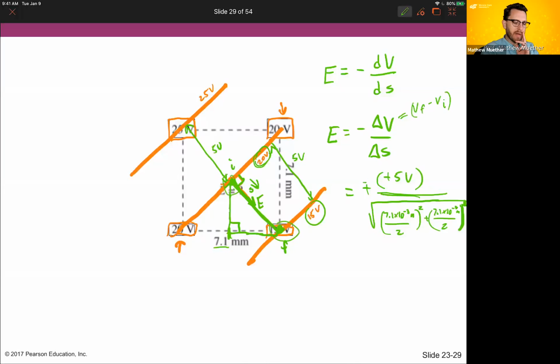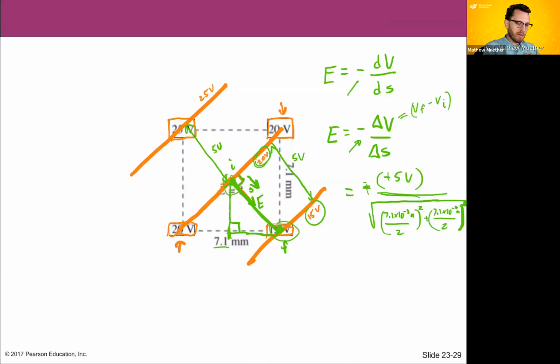And then I have a minus sign. I defined s going in that direction from my initial position to my final position. This minus sign came from the definition of the electric field related to the potential. And so minus times a minus gives me a positive. That tells me that the electric field is aligned with that s direction that I defined.